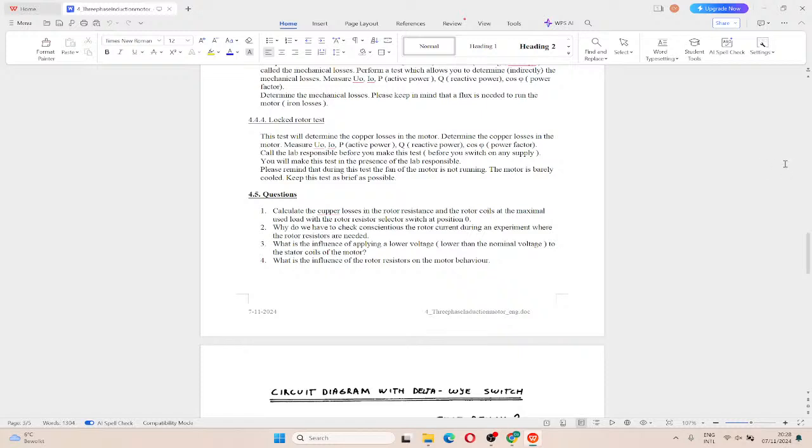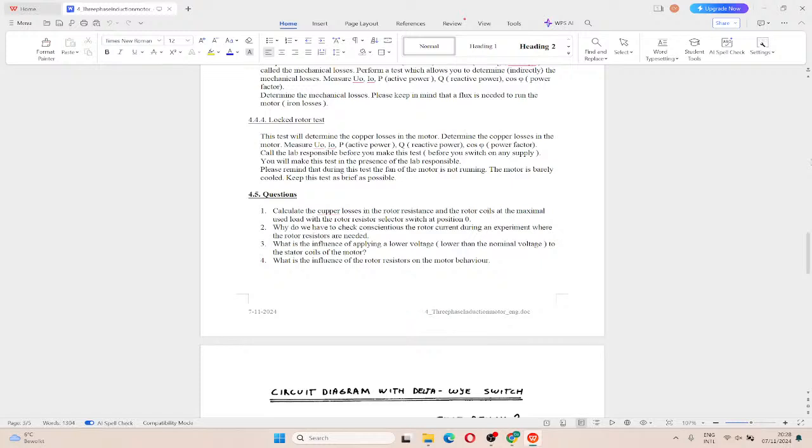I strongly suggest that we don't do that, because that means we need to change the circuit and ask for an extra check, and it will waste time. It seems from the report that the results from the two methods are exactly the same, so we can choose either of them. I strongly recommend that we don't do the short circuit.